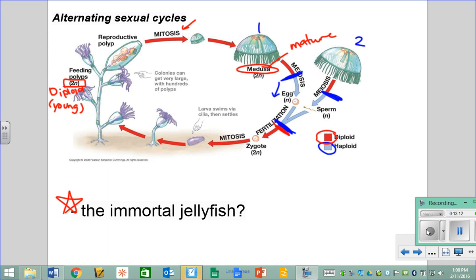The jellyfish basically goes back and forth between young and old and theoretically could live forever. There are also lots of really cool underwater organisms that use one of these methods of reproduction that we've talked about. So if you like marine biology, maybe this would be something that interests you for your talk.